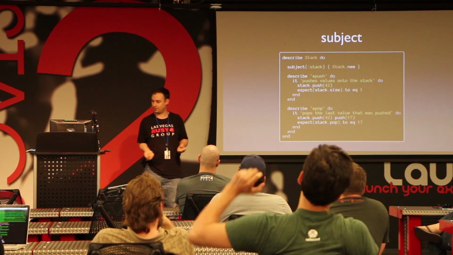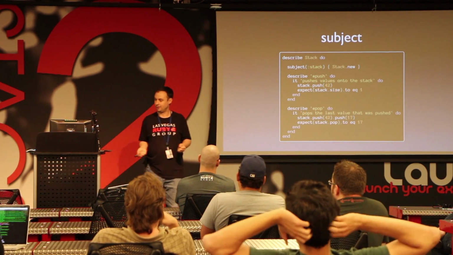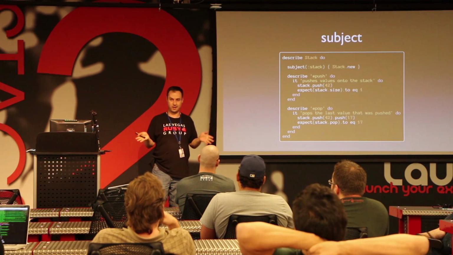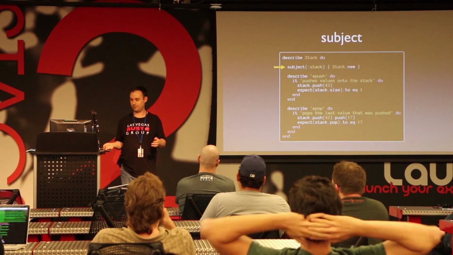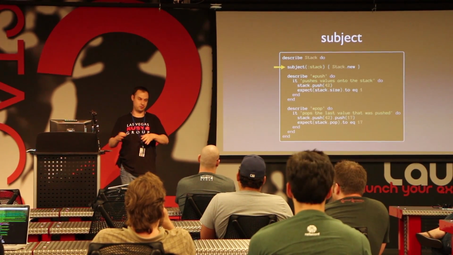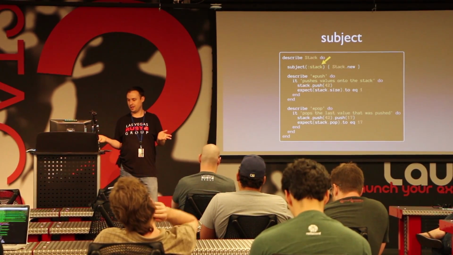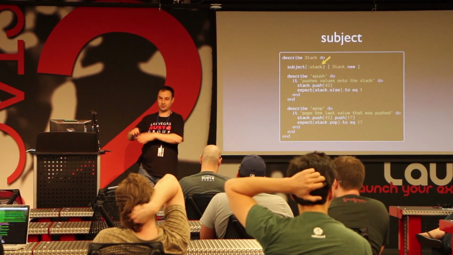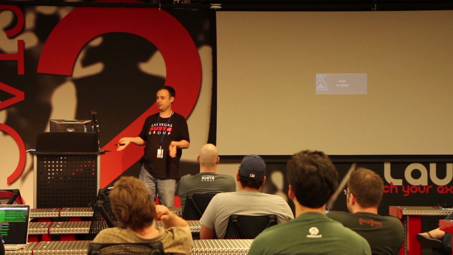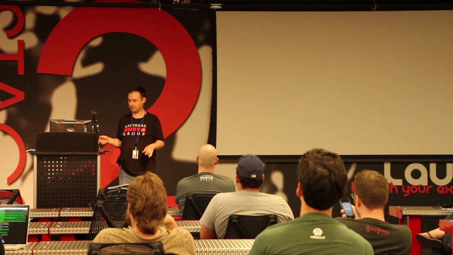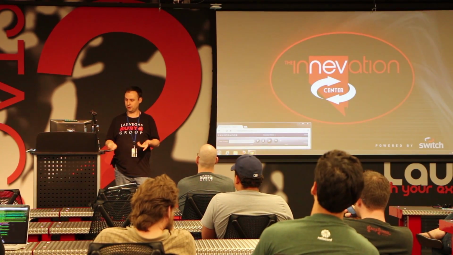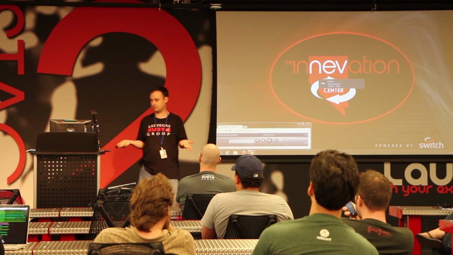So it gives you a thing called subject to let you create that in one place. It's just a method to create a subject, and then you can give it a name. You don't have to give it a name. You can actually leave off the name, and it'll just be called subject. But that's generally considered a bad practice. You should give it a name, and then you give it a block with what you want it to be.